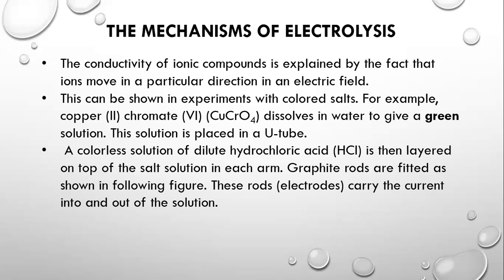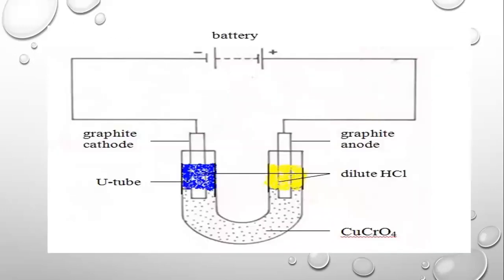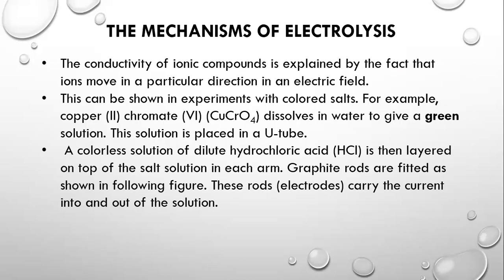Then dilute hydrochloric acid is layered on top of the salt solution in each arm. The graphite rods are fitted as shown in the following figure.